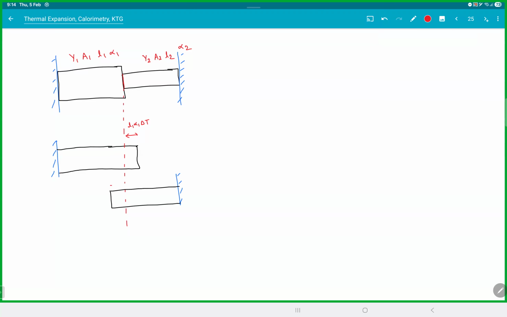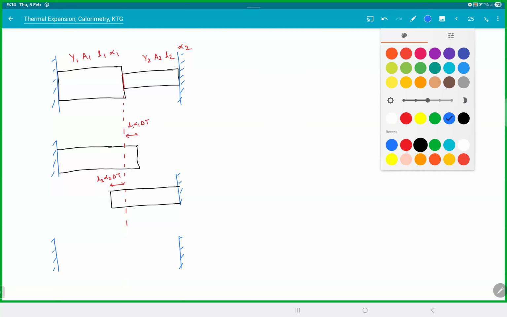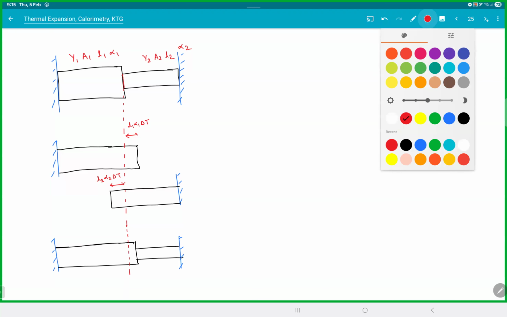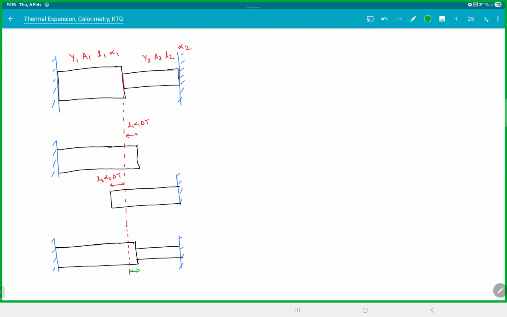And my additional length would have been L2 alpha 2 delta T. And let's say finally the interface has moved by a distance x. So this x is the distance moved by the interface.